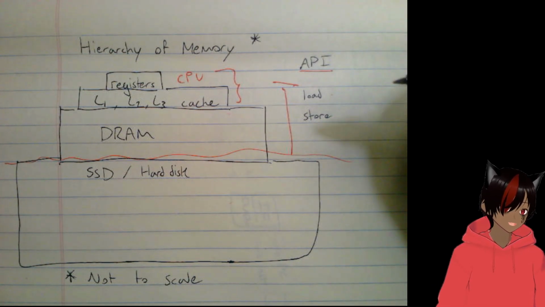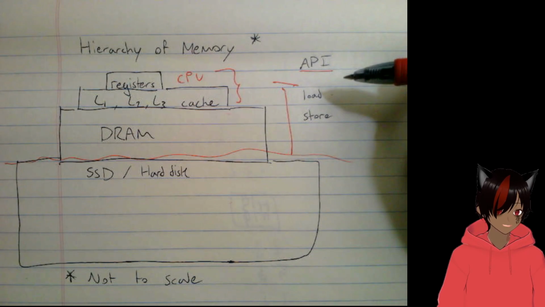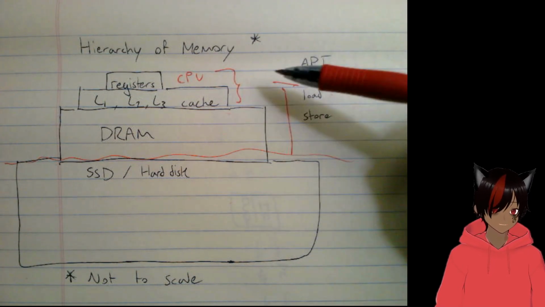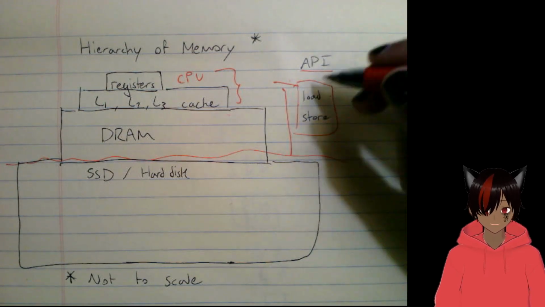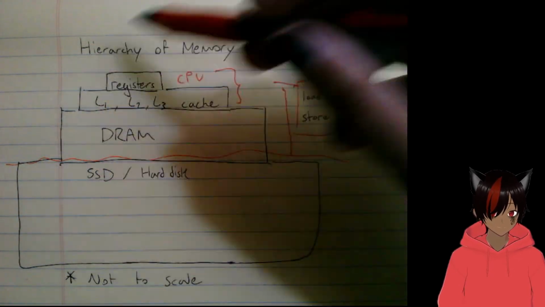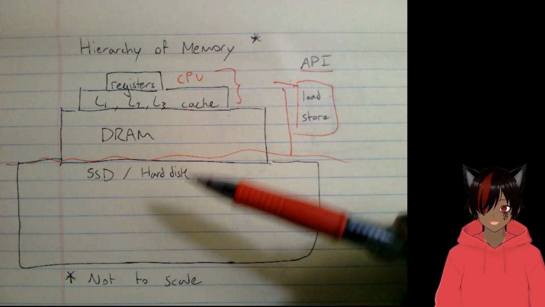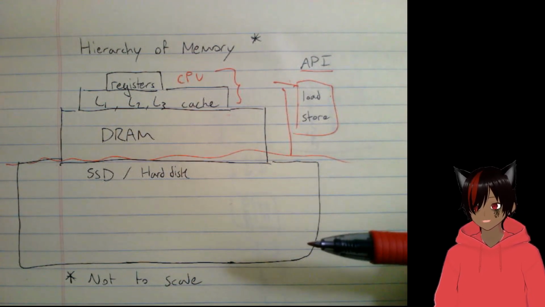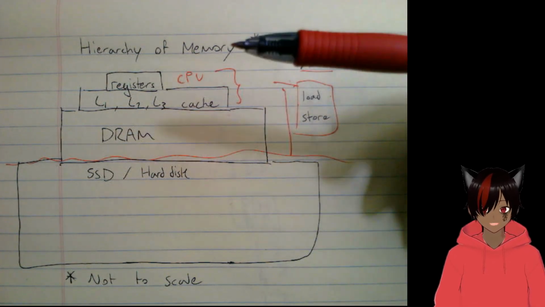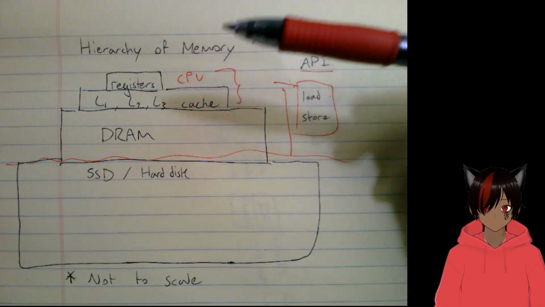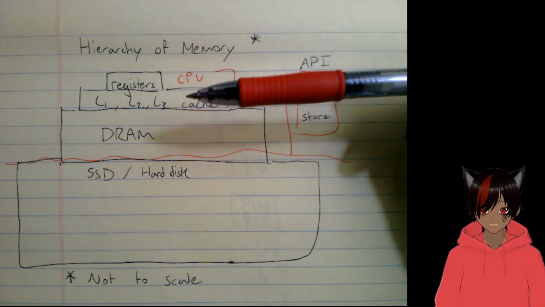The issue is that, to the programmer, and this is a good thing, this whole hierarchy is entirely transparent, which makes it really easy to program for. I never have to think about whether I'm getting something from DRAM or from L1 cache.